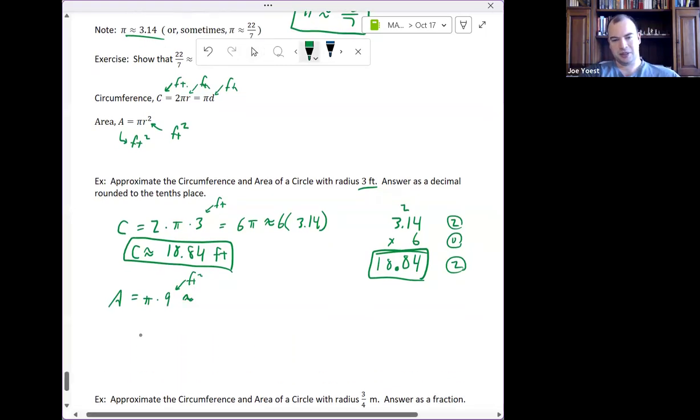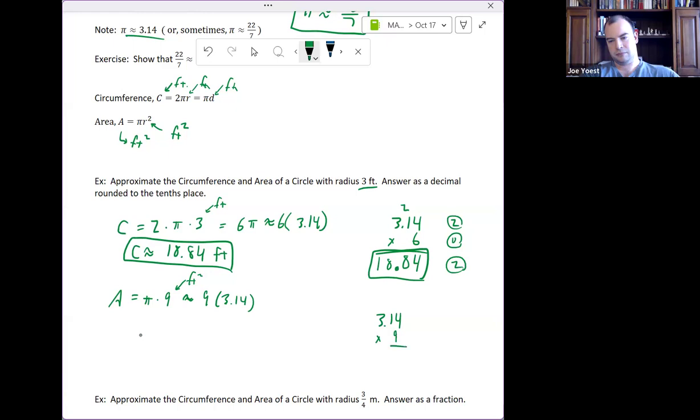Well, that's approximately 9 times 3.14. 9 fours are 36. 9 ones are 9 plus 3 is 12. 9 threes are 27, 28. And again, I want 2 decimal places in my answer. My area is approximately 28.26 square feet.